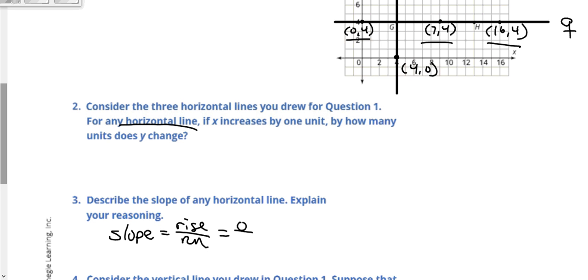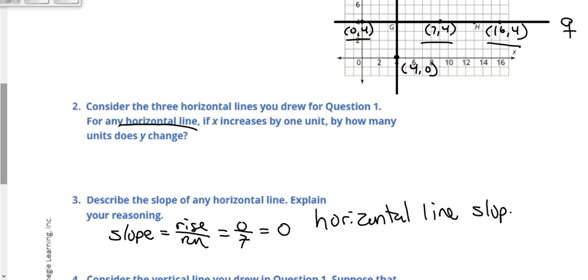If I go from the point 0, 4 to 7, 4, there's a run of 7. But if I have 0 things and I divide it into 7 groups, I still have 0 things. So the slope of a horizontal line is 0.